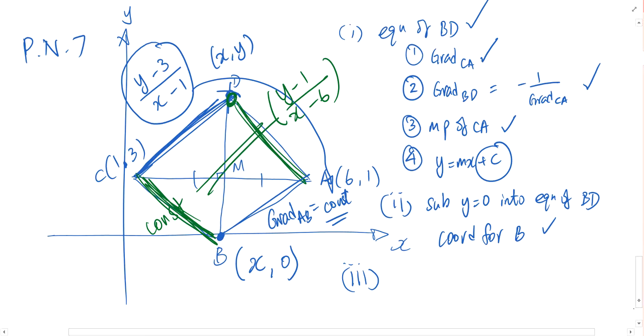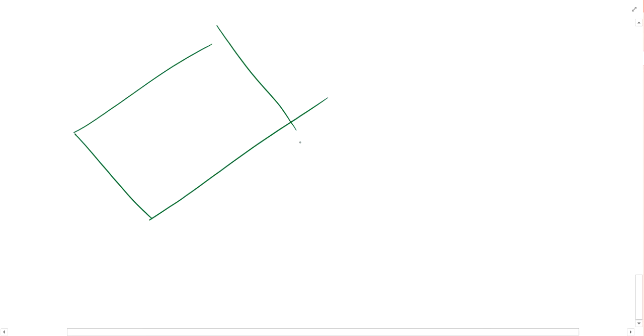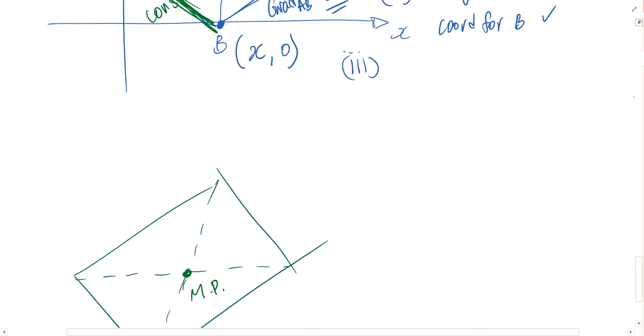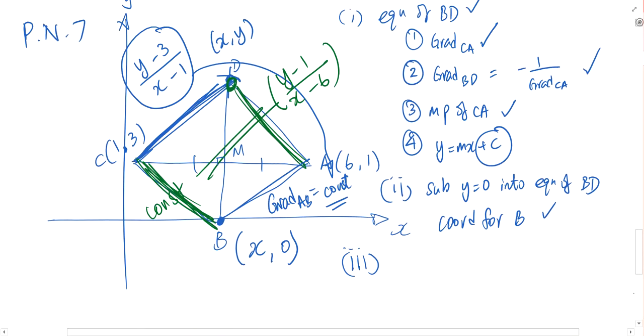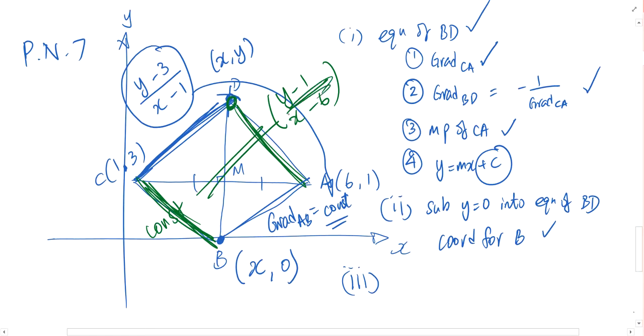It requires the application of this property of a parallelogram. For a parallelogram, there are diagonals. They bisect each other. Okay? How are we going to use this for our question? So we found many things already, right?